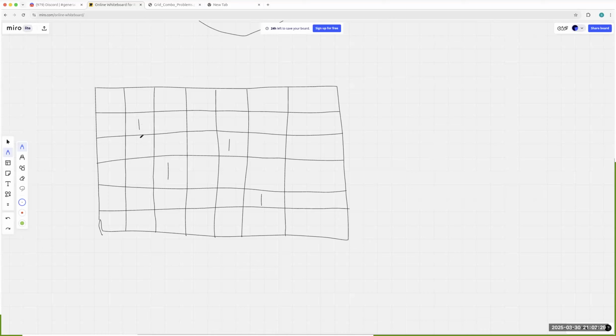So basically, what a stone move does is it swaps the x or y coordinates of two of these stones, if you label the grid with coordinates. So let's say you label it like this.